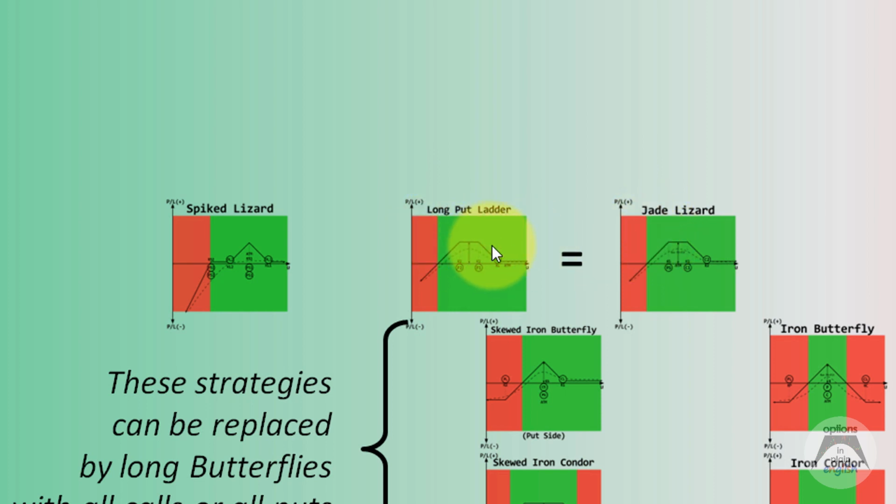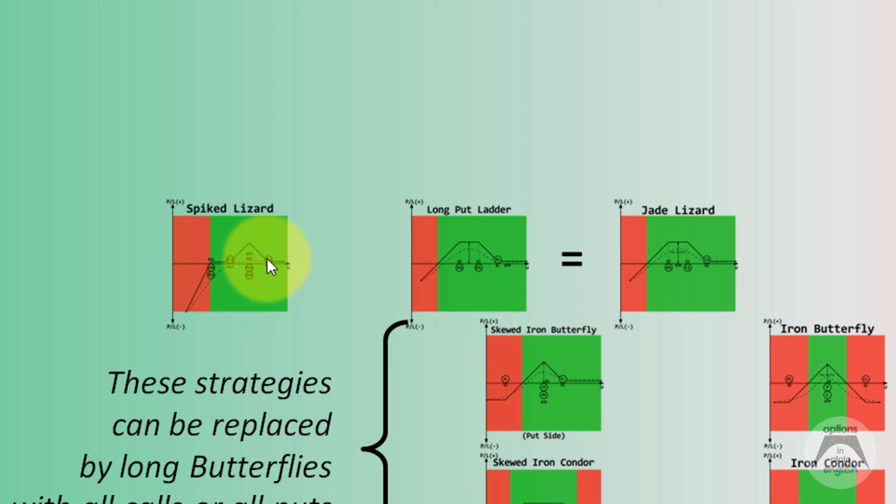And if you really want to get a little bit more aggressive and more directional, you could go for a strategy called the Spiked Lizard. There are several ways you can look at it, but probably the clearest is that it's a butterfly with all puts that's financed by two short puts at a lower strike price.